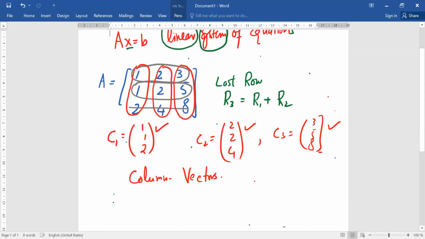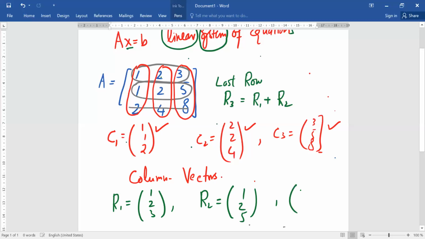And now I say R1, and this is my 1, 2, 3, comma R2. This is 1, 2, 5, and R3 is 2, 4, 8. So this is my R3. So now you can compare very easily. Now compare, this is a column vector. This is a second column vector, and this one is a third column vector, whereas this one is a row vector.